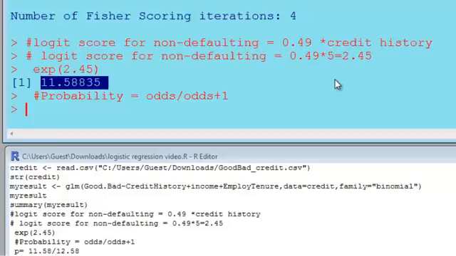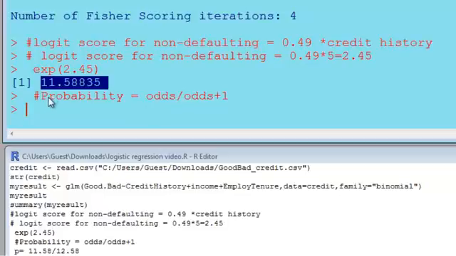If odds are more than 1, then it is more likely that the event is going to happen. In this case, the odds value is 11.5, which is much greater than 1. So we can say it is more likely that the person is not going to default when his credit score is 5. That is how we interpret the odds value.